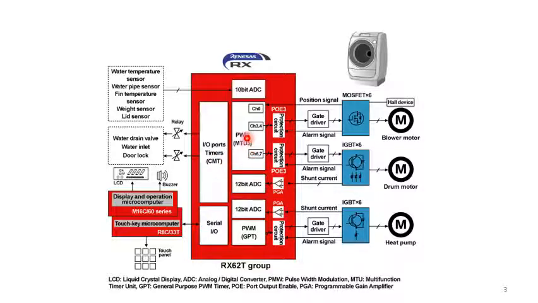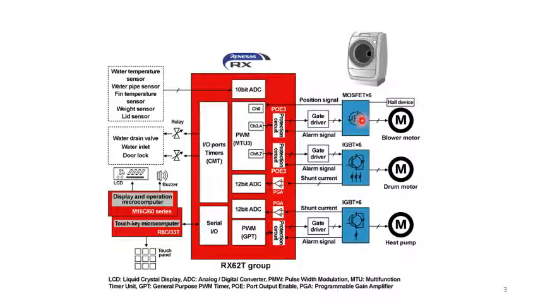Then from the input ports the processing takes place in the processor. Then we have the PWM controller, that is the pulse width modulator, and for the output variables we have the output drivers, that is the gate drivers.